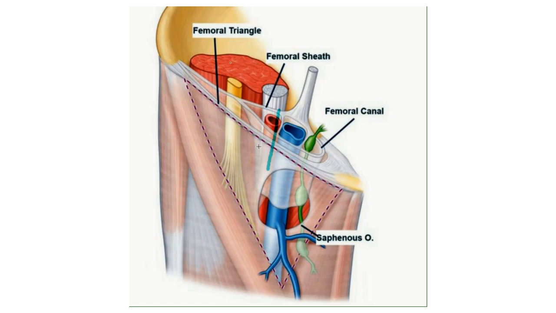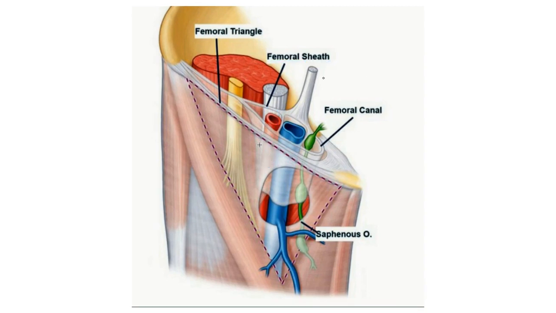These coverings and supportive tapes are called sheaths, which in this case will be known as the femoral sheath. In our head and neck, they will be known as carotid sheaths, and as you have learned earlier, in our upper limb, they are known as axillary sheaths.